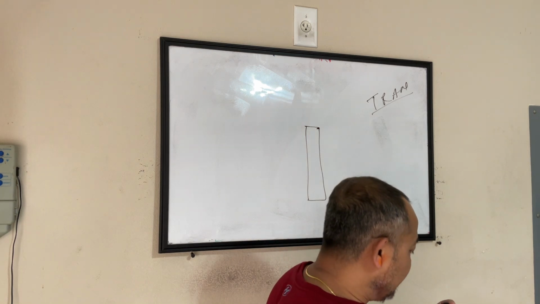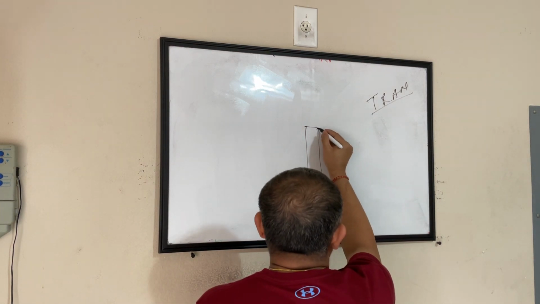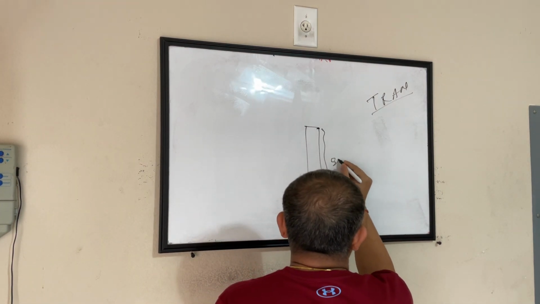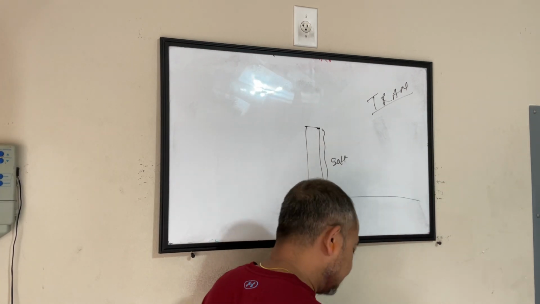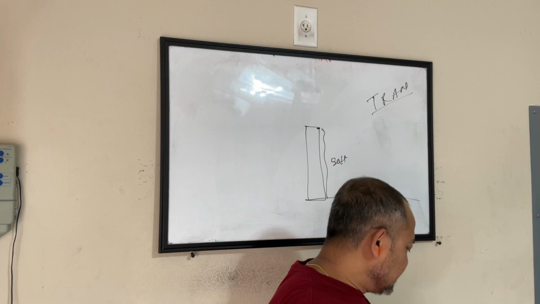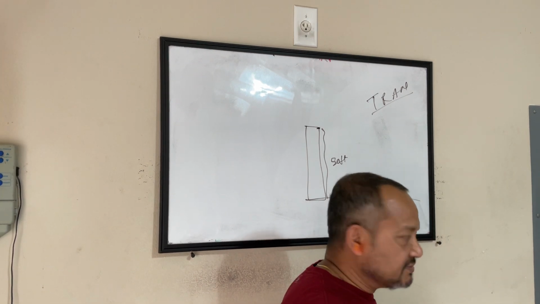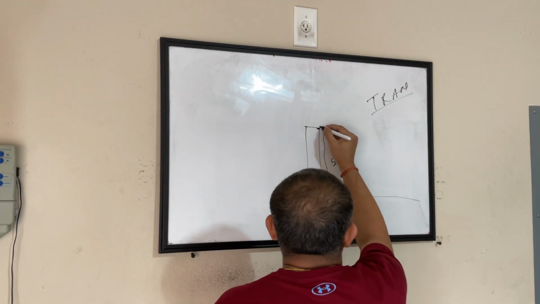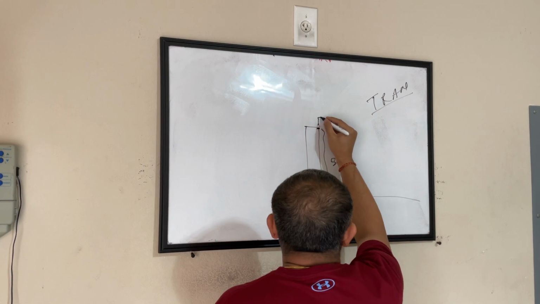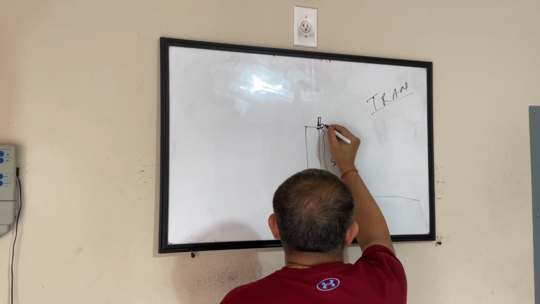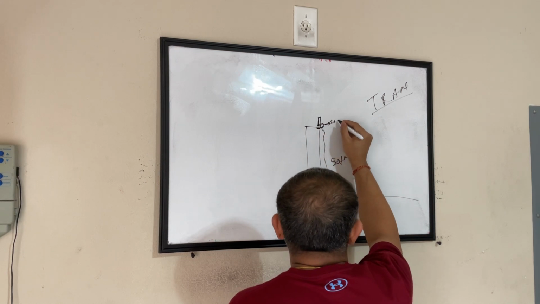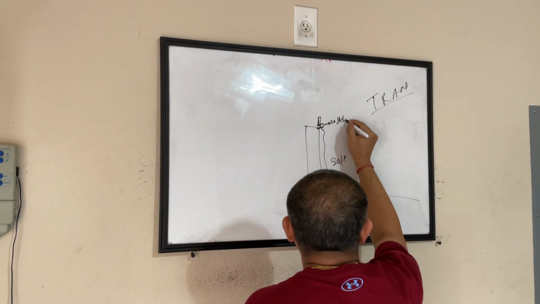50 feet above the ground, meaning the edge of the building is 50 feet above the ground. So this is ground and ball is shot from this place. Its initial velocity is 20 feet per second. So when the ball is shot from here, somebody like you, me or anybody is kicking the ball and the initial velocity is 20 feet per second.